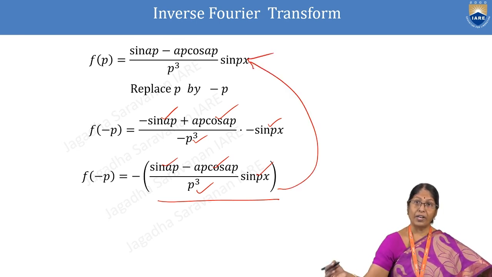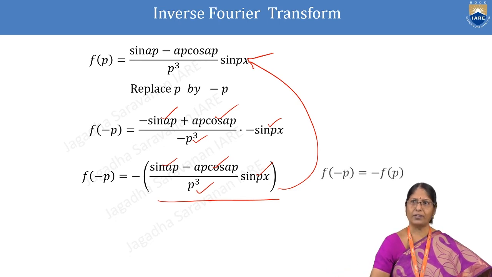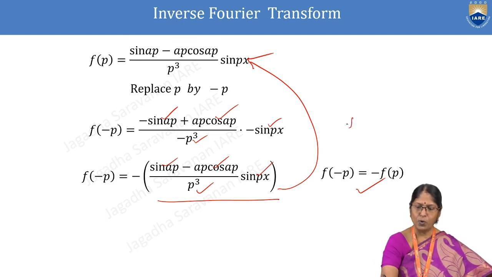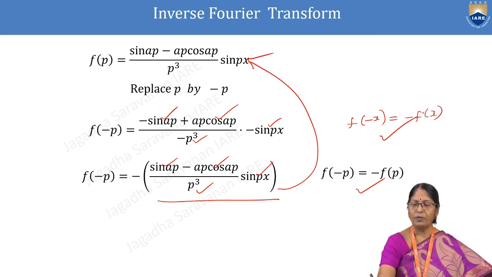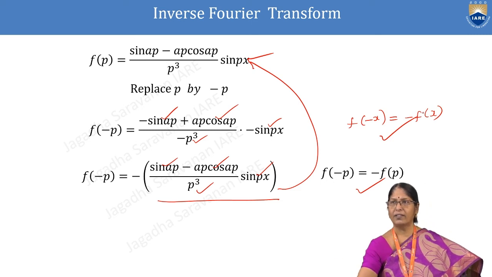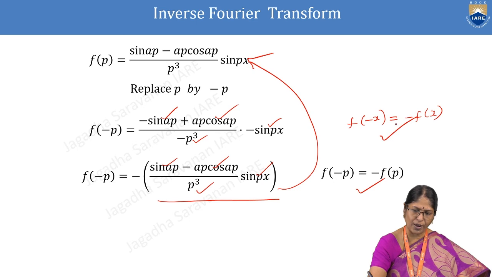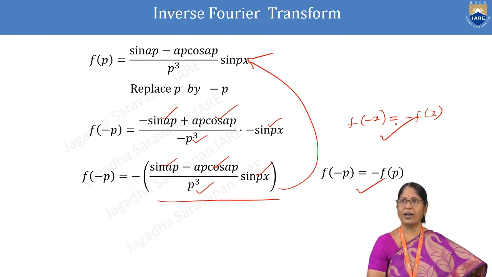So if you replace p by minus p, we got this one. The rule is that x replaced by minus x gives minus f of x, so we can declare the function is an odd function. It satisfies the odd function condition.